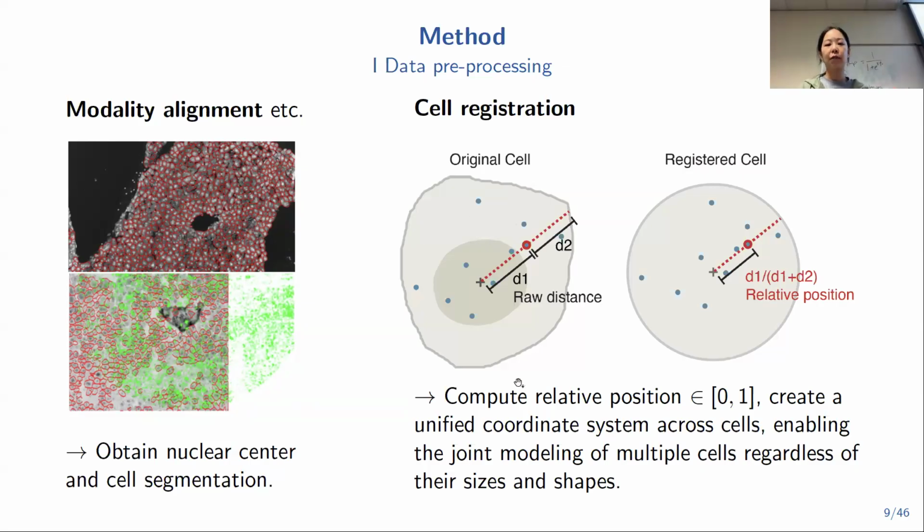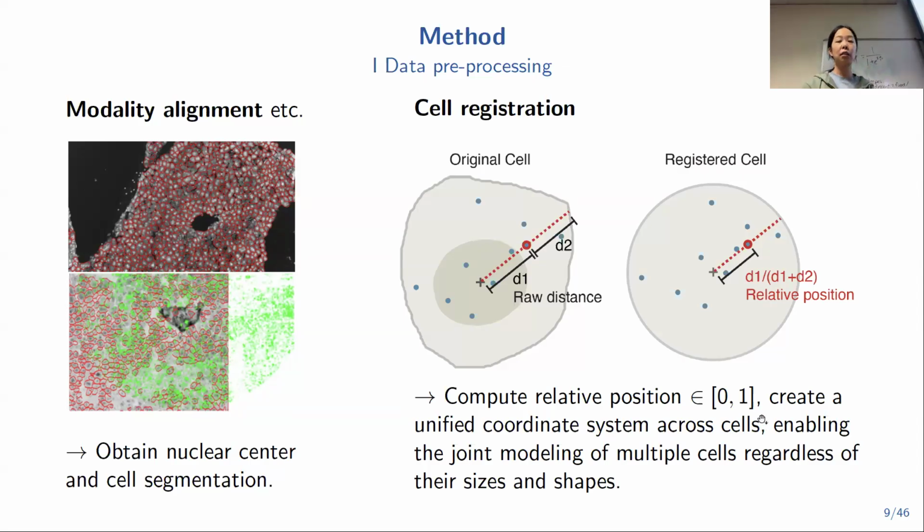But the cells have different shapes. So what we do for this step is we use our landmarks, one is the nuclear center, the other the cell boundary, and for each spot or location, we compute 2 distances. One is the distance to the nuclear center, the other is to the boundary. And we divide the first distance by the total distance so that we get a number from 0 to 1, right?